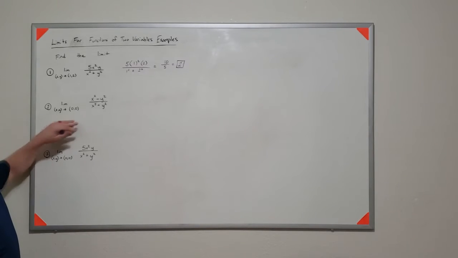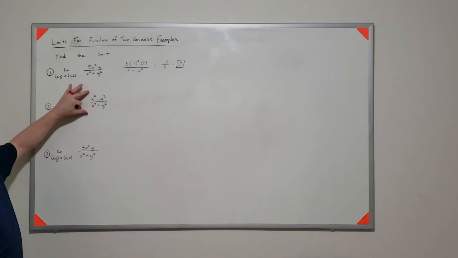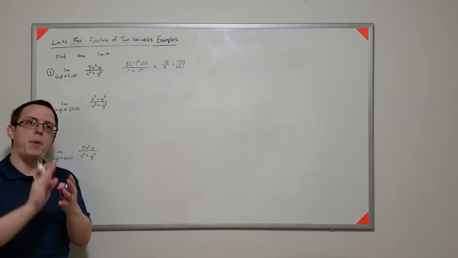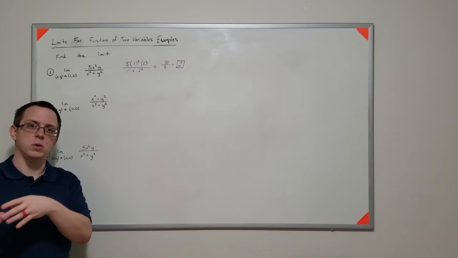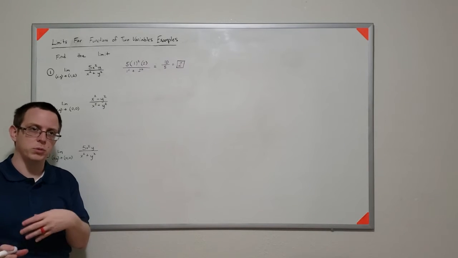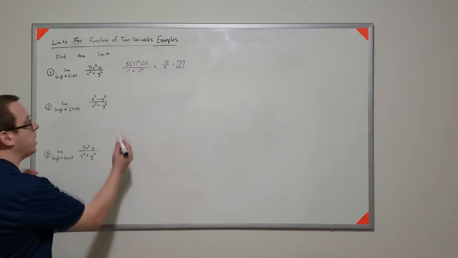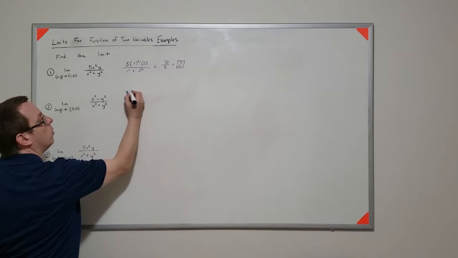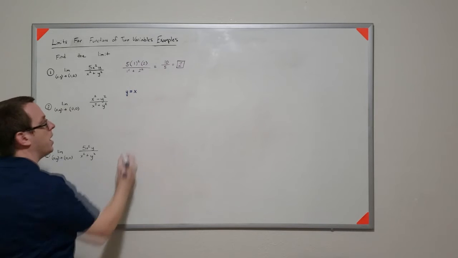If I think about what this input is, sometimes it's helpful to define a path where one of the variables equals another variable. So what am I saying? What about the path where y equals x?